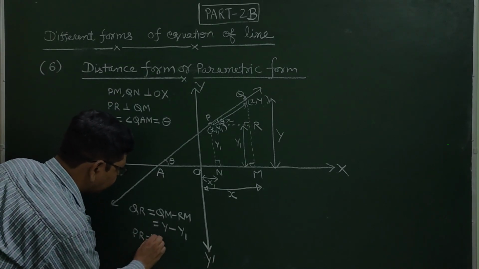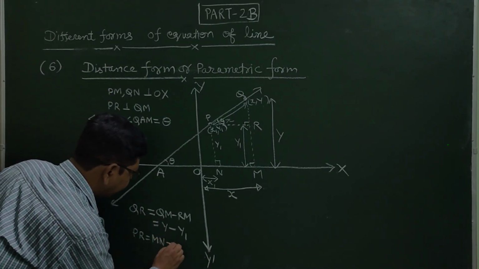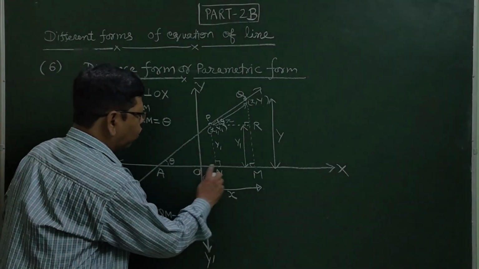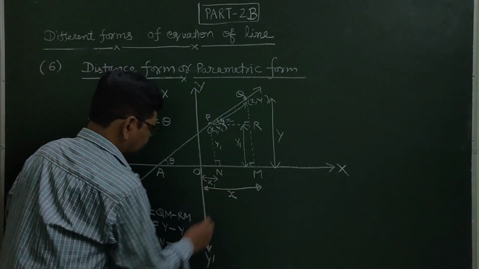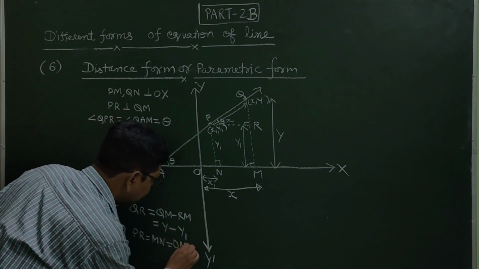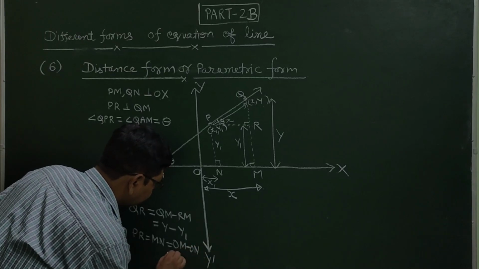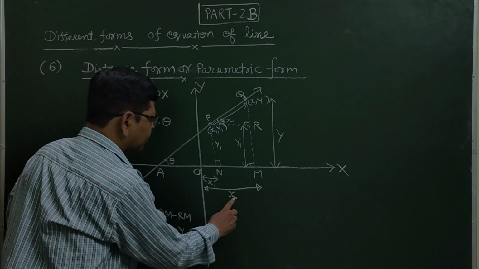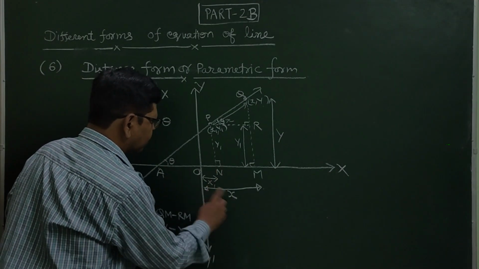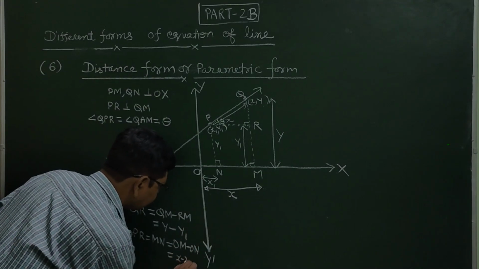PR is equal to MN, and MN is equal to OM minus ON, which is equal to x minus x1, as OM is x and ON is x1.